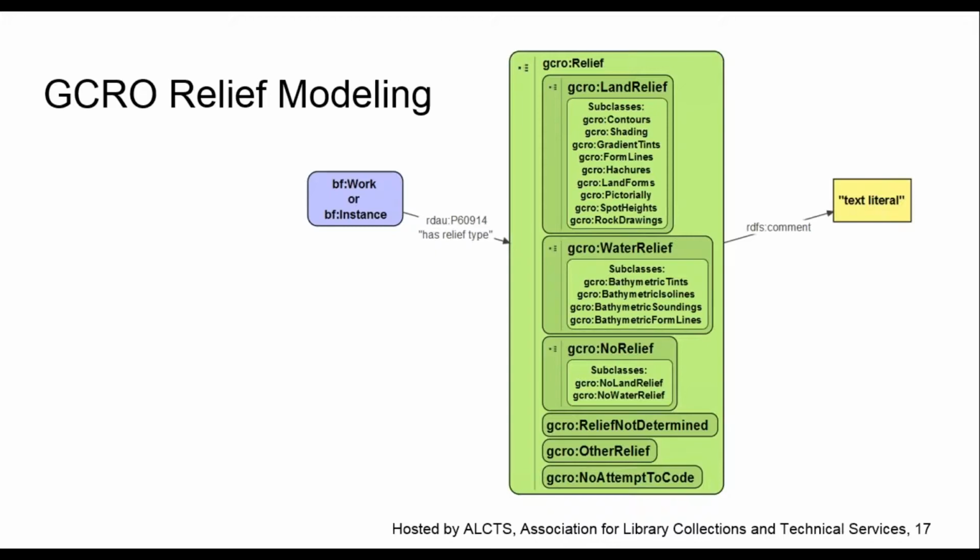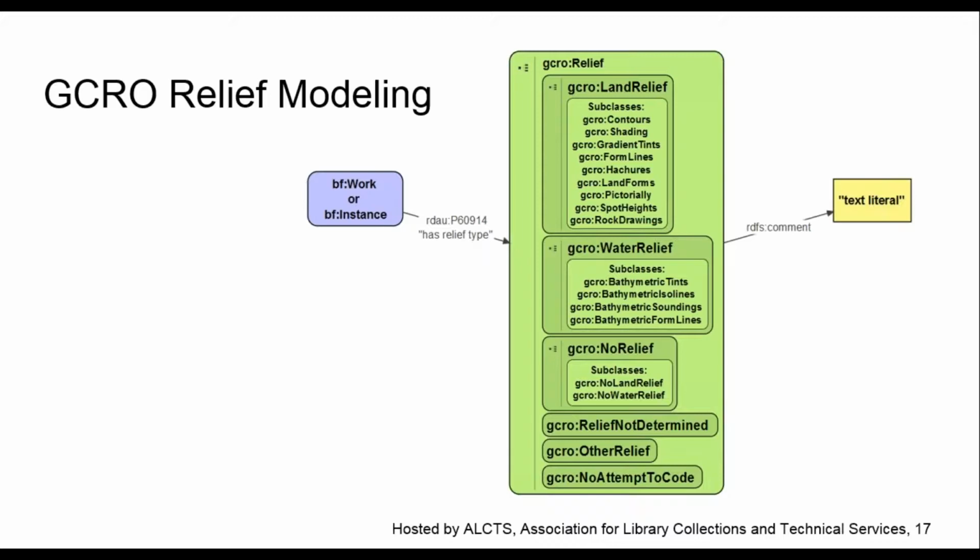So in the GCRO ontology here, we've created a relief class, and then from the MARC relief codes that we're used to, we've created hierarchical subclasses of land relief, water relief, no relief, etc., with specific types of the relief subclass even further.